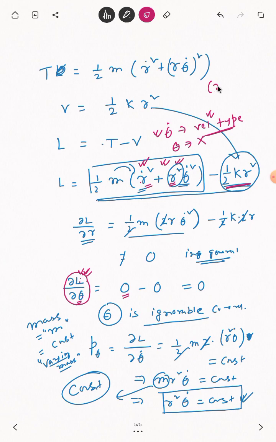So there is r dot and r. If r dot is here, r should be there. If theta dot is there, theta should be there, and if this happens, that coordinate can never be cyclic or ignorable. But if theta dot is present but theta is not, then that will be ignorable.